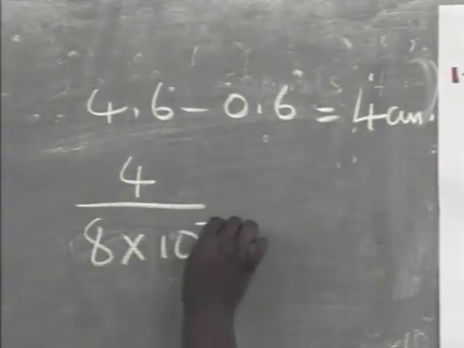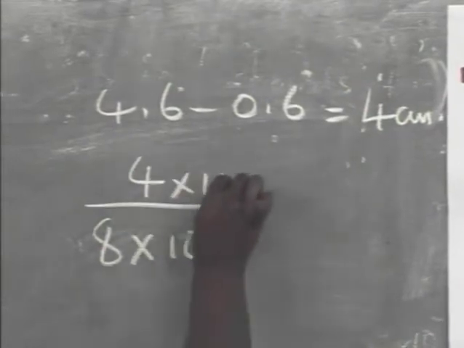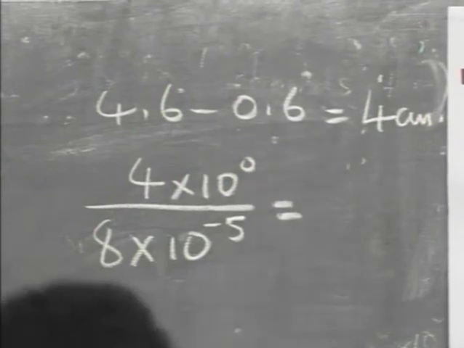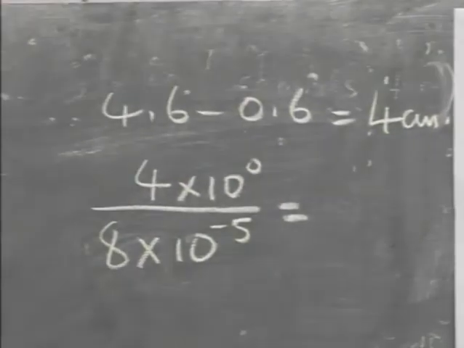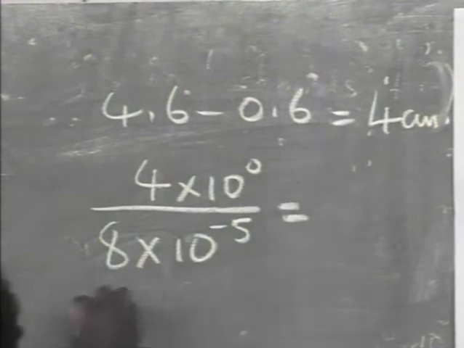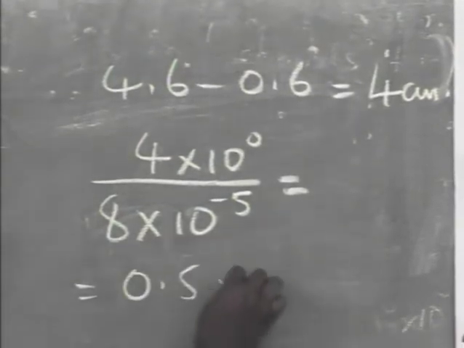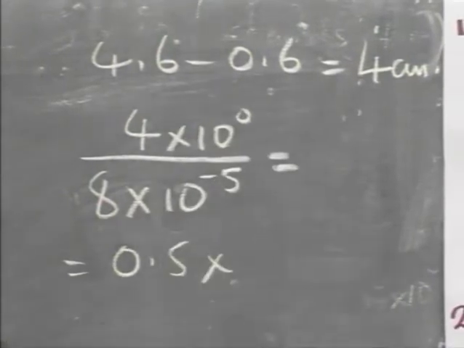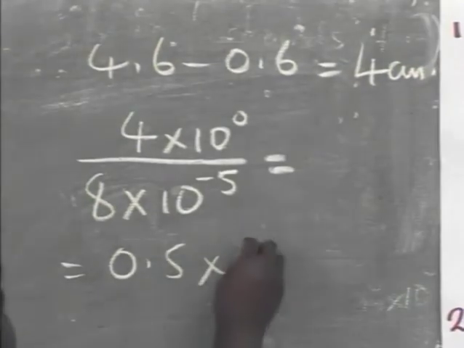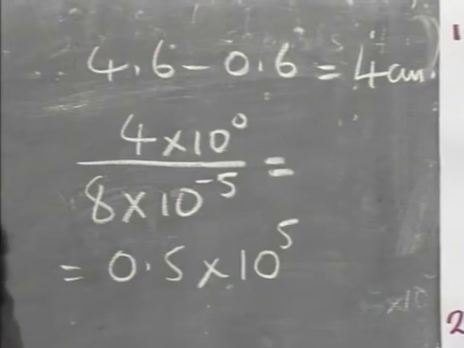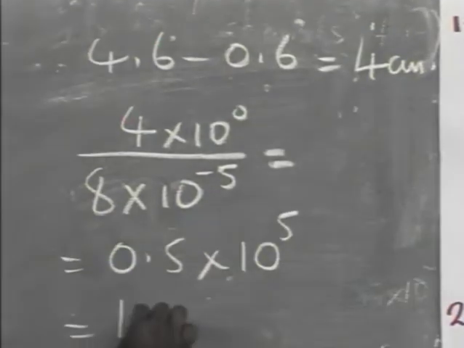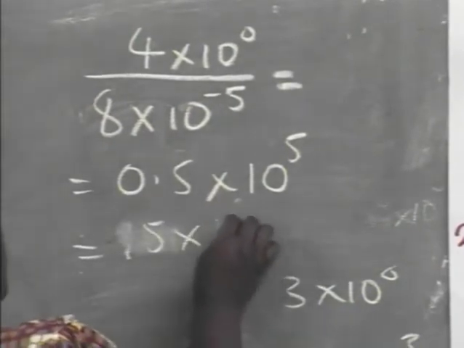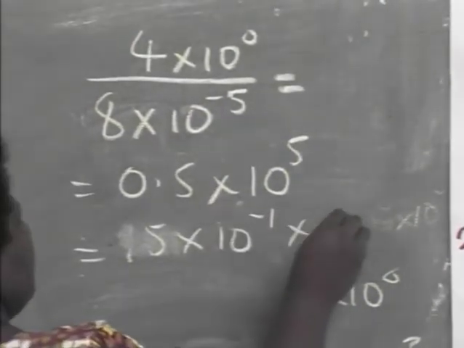And this one is 4 times 10 to the power of 0. Okay, 4 divided by 8 is 0.5. And 0 minus negative 5 is positive 5. It's 5.0 times 10 to the power of negative 1 times 10 to the power of 5. How come you got 500 here?